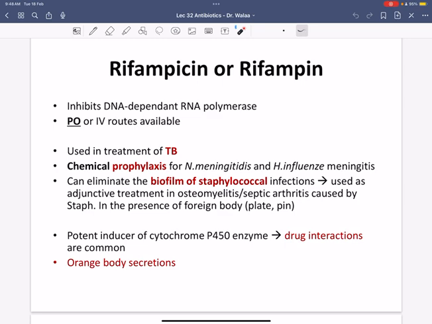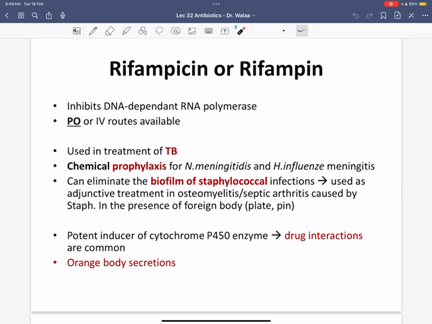So for mycobacterial tuberculosis treatment, as chemical prophylaxis, and if you want to treat Staph aureus related biofilm. إيش يعني biofilm؟ colonization مايكروب كثير on foreign body inside the body، صح؟ الناس اللي عندهم plate for example مركبين مثلا pacemaker صار عندهم staphylococcus infection، هدول at a very high risk to develop a biofilm. If a biofilm develops, given anti-staph antibiotic won't work unless you add rifampicin as a biofilm inhibitor, okay?